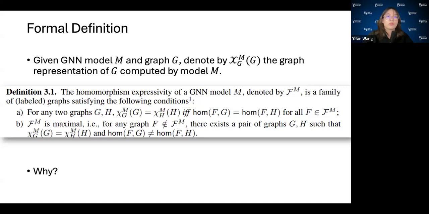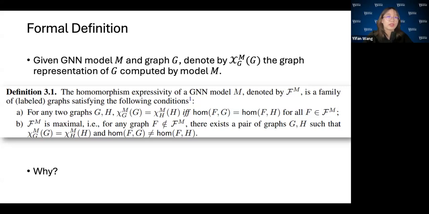So why do we use homomorphism counting instead of subgraph counting? There are two reasons. First, homomorphism counting is more fundamental than subgraph counting. And second, it aligns more with graph neural networks, because the aggregation mechanism used in a graph neural network layer only encodes the local structure.